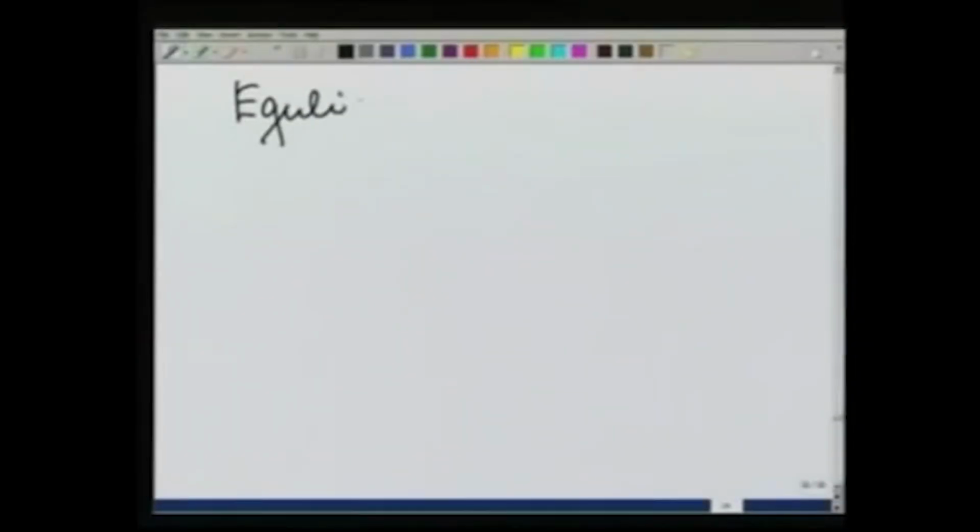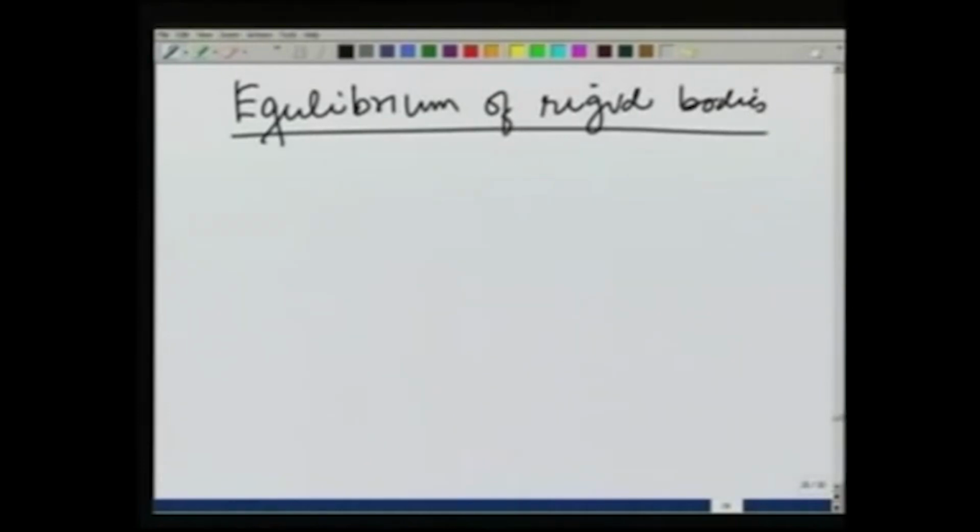To review this equilibrium of rigid bodies, and I emphasize these are rigid bodies because we have not allowed any deformation.